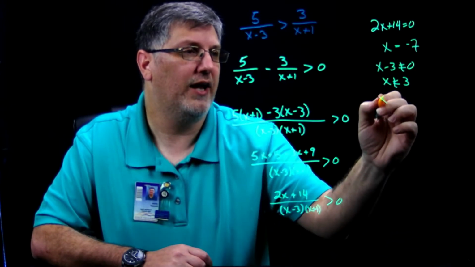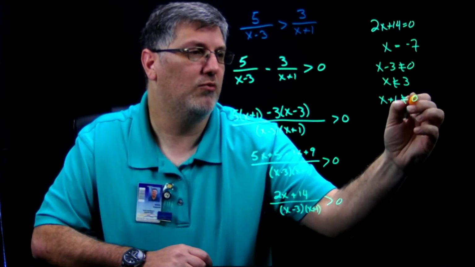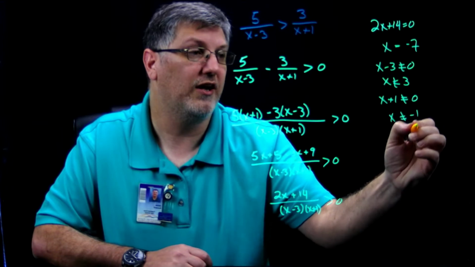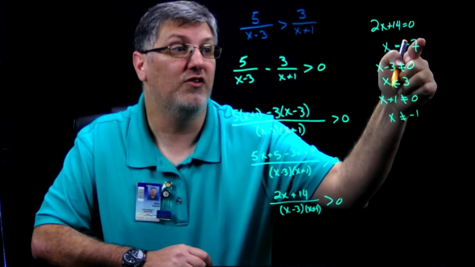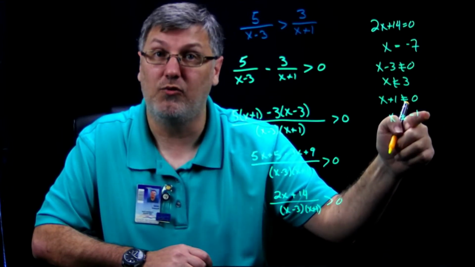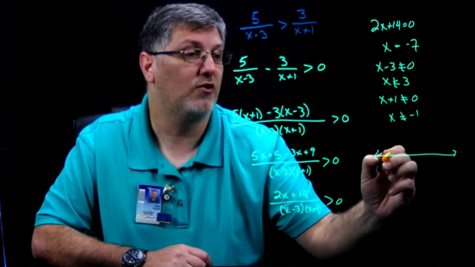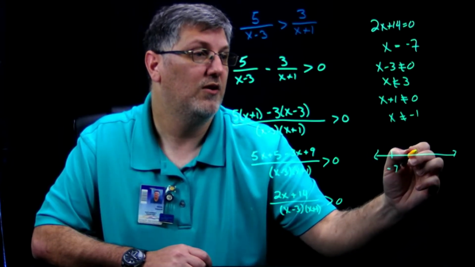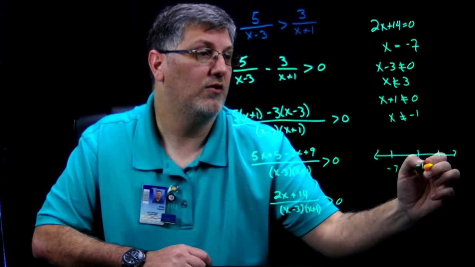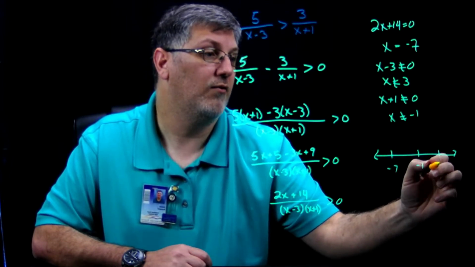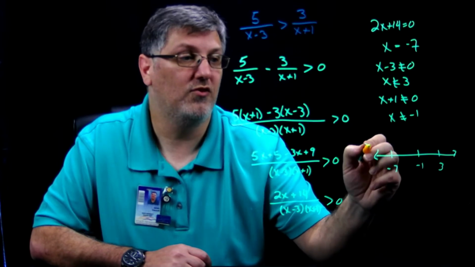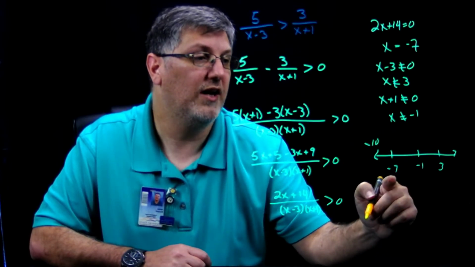And we know that x plus 1 cannot equal 0, therefore x cannot equal negative 1. Here are my critical values, negative 7, 3, and negative 1. So we put them on a number line to do our inequality test, in the correct order: negative 7, negative 1, and 3. Pick your numbers.